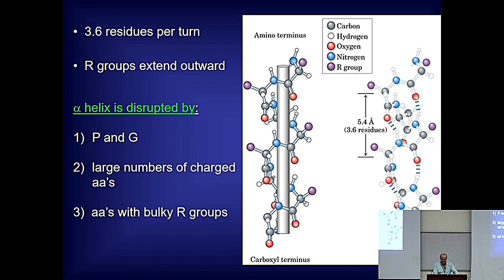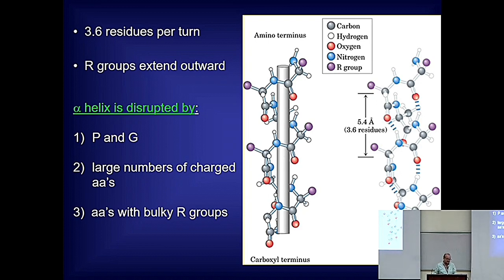Other things that can disrupt are a large number of charged amino acids, but it has to be many. So let's say you have 4 or 5 aspartic or glutamic acids in one part of the polypeptide sequence. They can disrupt the alpha helix, but there's got to be several of them.